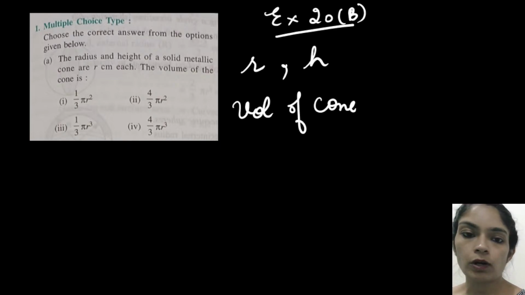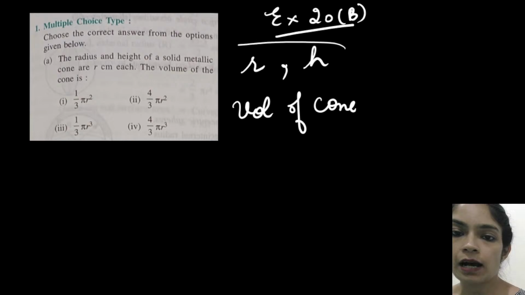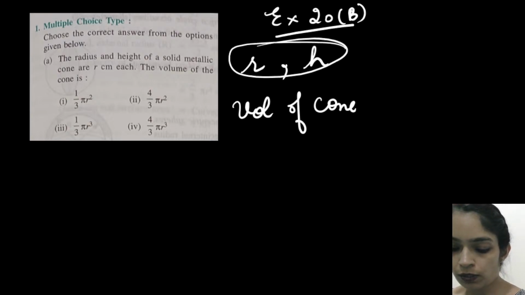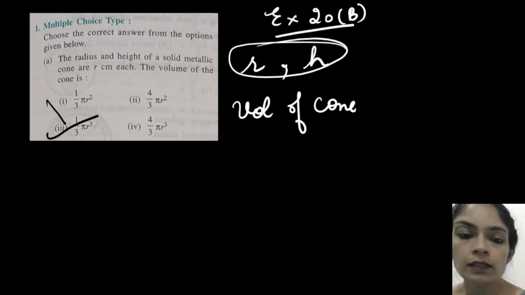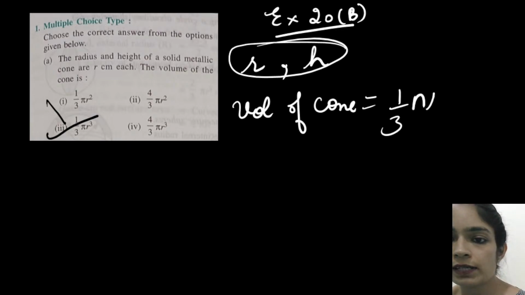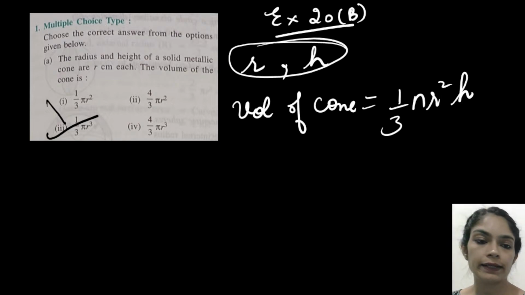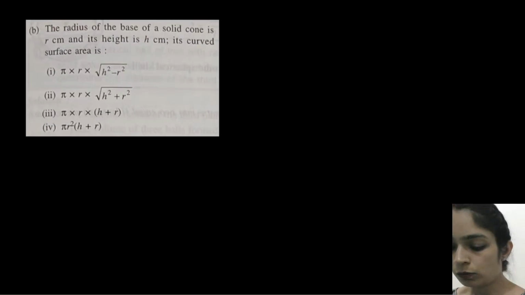Sanjay has given the answer, 1 by 3 pi r square h. So this is option 3. A direct formula: the cone's volume is 1 by 3 pi r square h. Good. Let's do the next one.